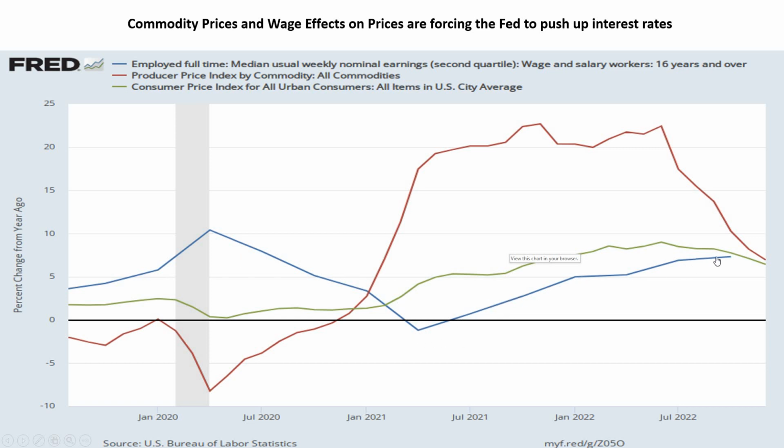Wages are being bid up, and so now wage inflation is reaching the consumer price index inflation, and so the Fed is worried that this building wage inflation will contribute to more purchases of consumer goods, higher demand for consumer goods, keeping those consumer prices elevated and from correcting downward.